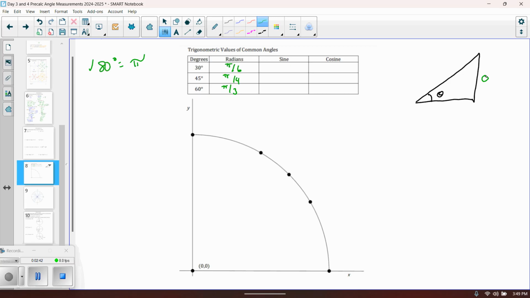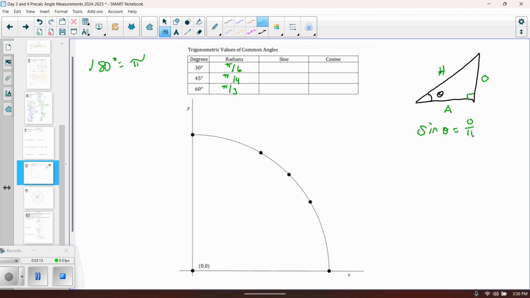So I'm just going to put an O. The one that is next to it, but not the hypotenuse, is called the adjacent, literally meaning next to. And then the longest side of a right triangle, which is across from your right angle, is the hypotenuse. If you remember your acronym SOHCAHTOA, sine of an angle is just the ratio of the opposite over the hypotenuse.